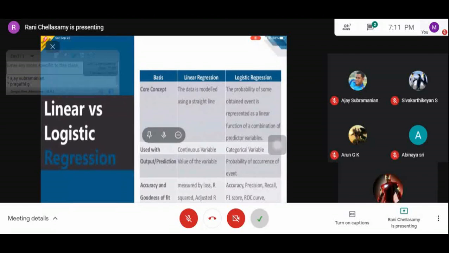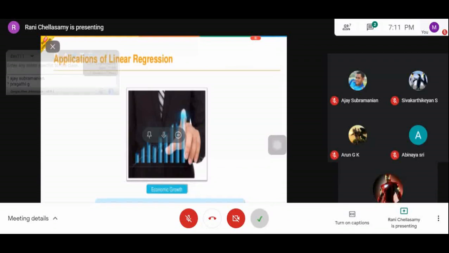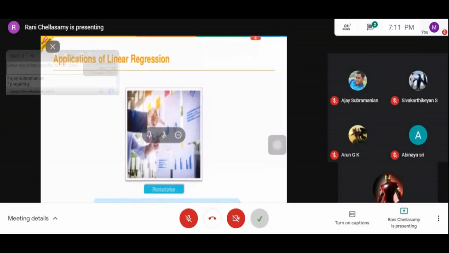Okay. And these are the applications of linear regression. It is used to predict or determine the economic growth of a country or state in the coming quarters or years, and can also predict the GDP of a country. You can also predict product prices, what would be the price of the product in the future.